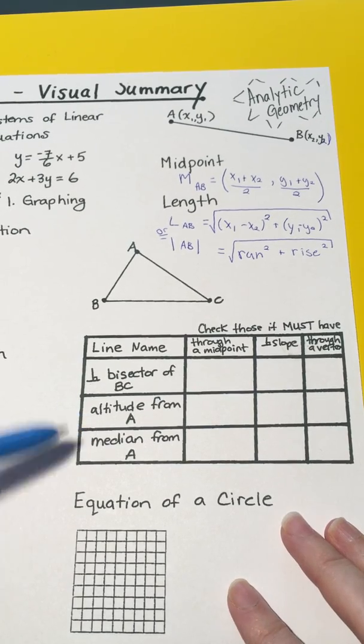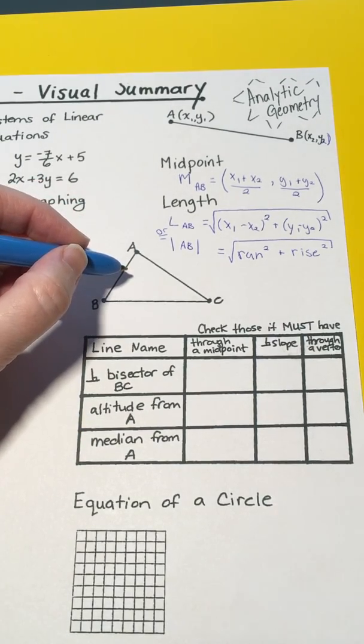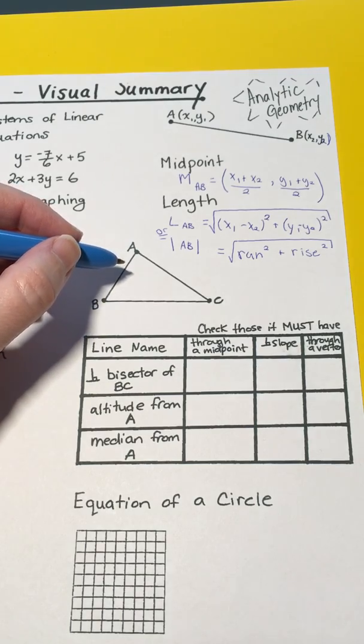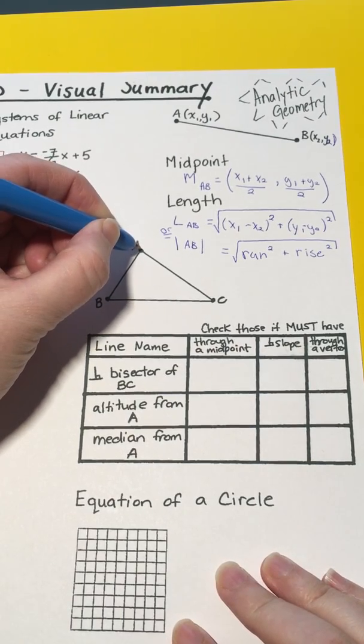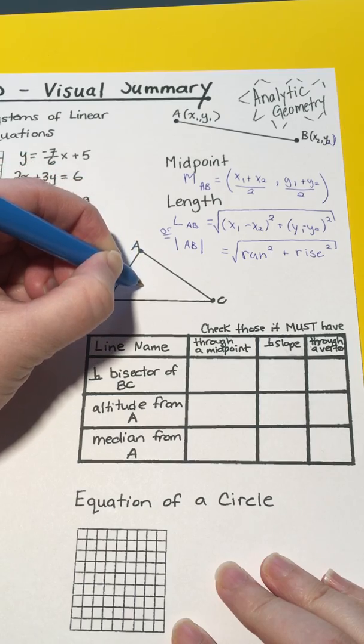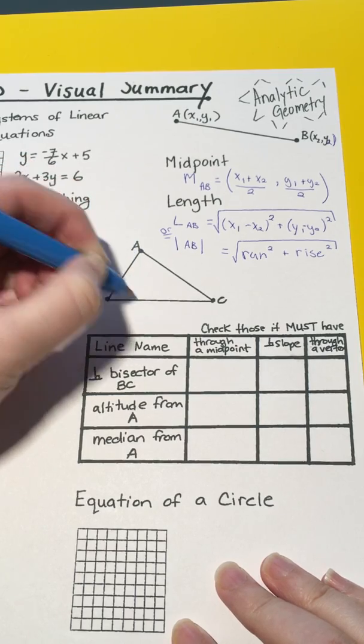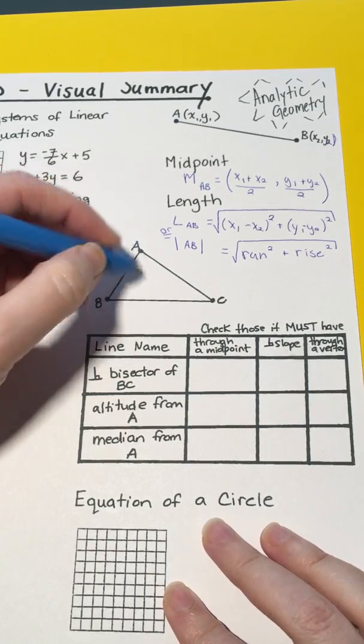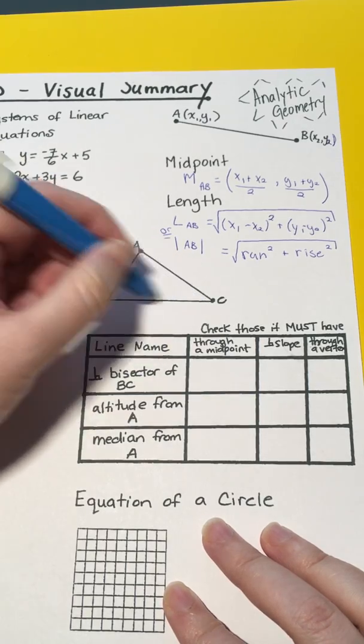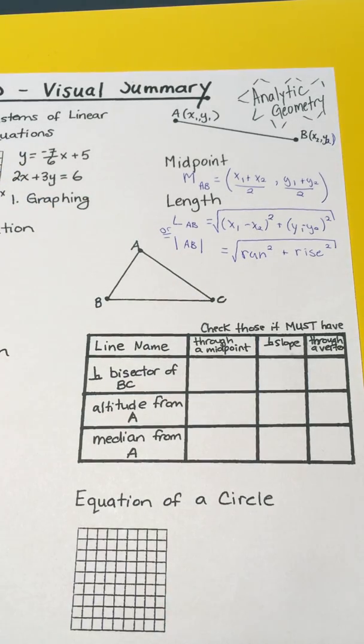And we're going to use A. Well, altitude from A goes from A and it's going to go right to the line opposite the triangle. But remember, that line has to be perpendicular to the line that it is intersecting. I'm going to find something to use as a ruler.